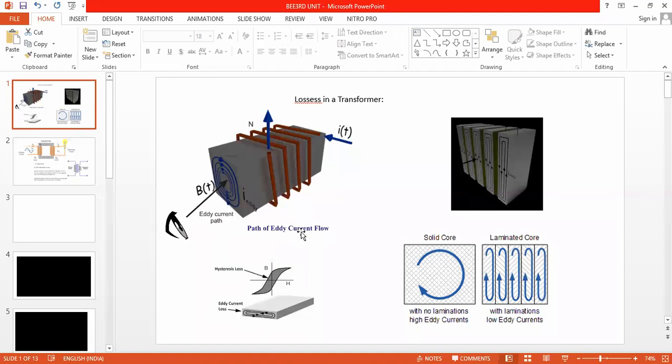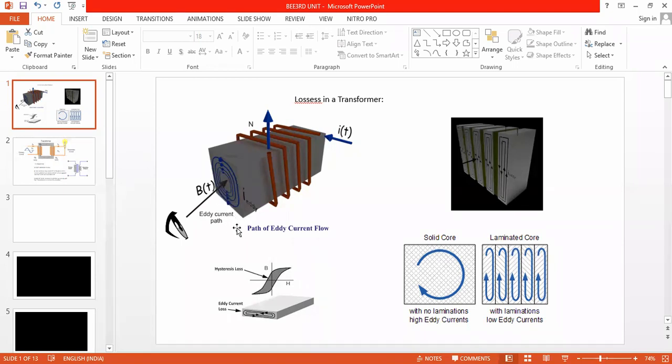What is eddy current loss? In a transformer, practically the current has to flow through the primary winding or secondary winding in a uniform direction. But in practice, a very small amount of current can flow through the rectangular iron frame surface. That current flows in circular direction, which is shown here.